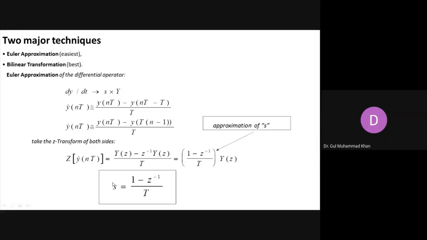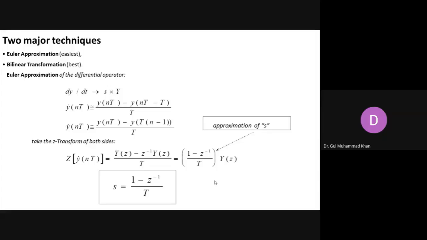This is where it actually came from. So this is the Euler approximation, where if you replace s by 1 minus z power minus 1 divided by T, the system, the filter, is transformed to the Z domain.